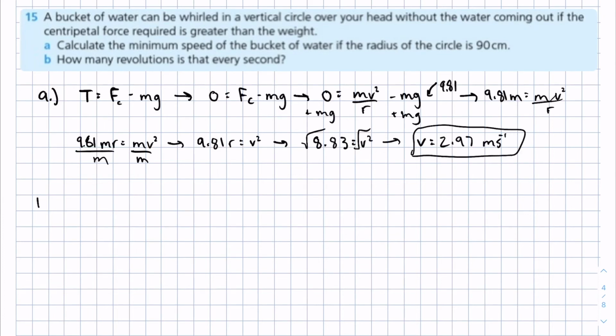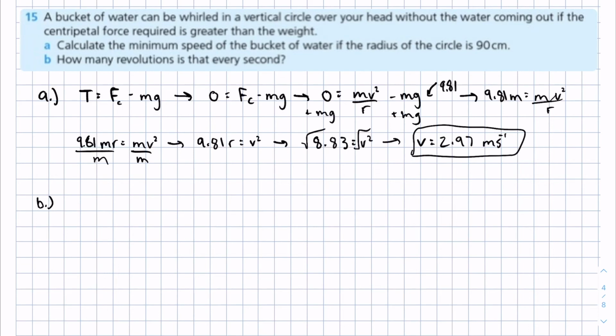Now for part B, how many revolutions is that every second? So to do this, we find the arc length.